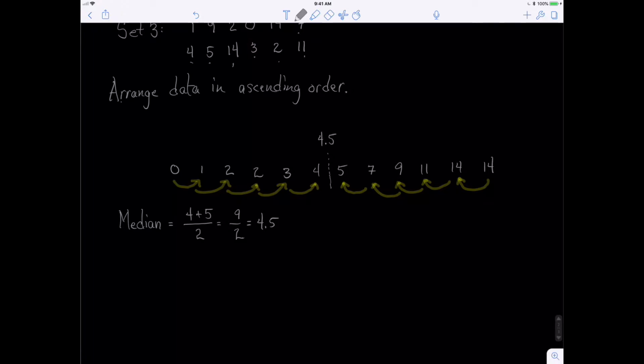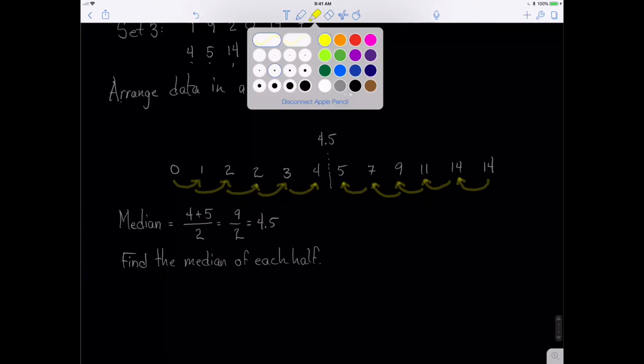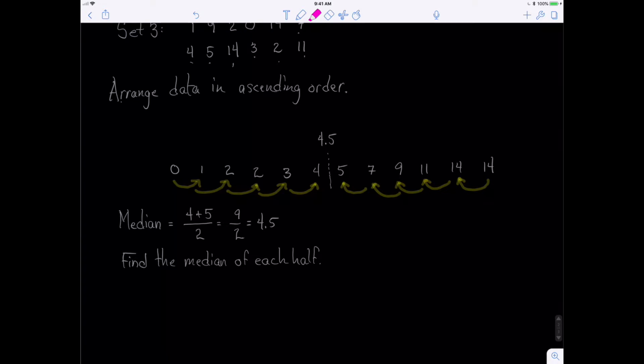So far, we've done nothing new. But here's where this gets more interesting. What we're going to do now is find the median of each half. We'll use a pink marker.